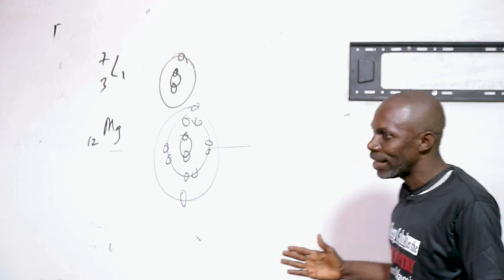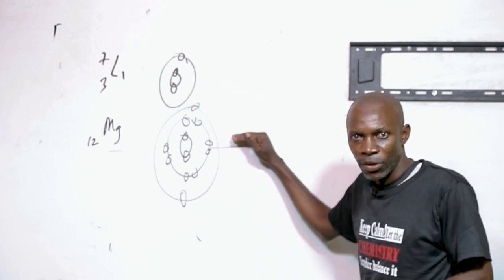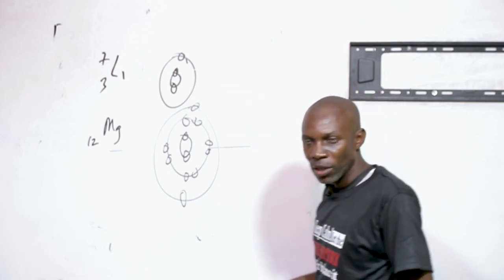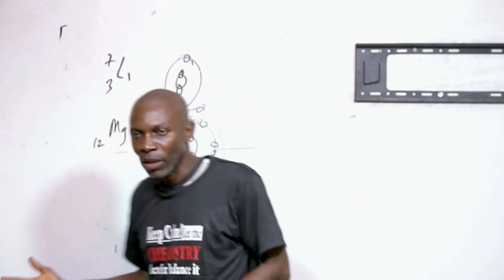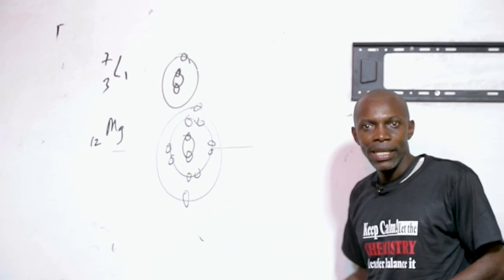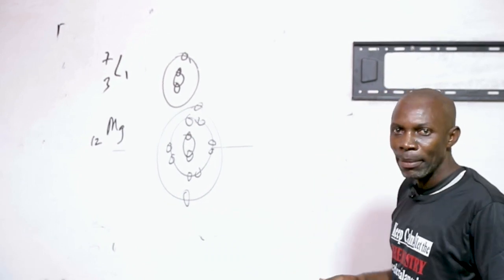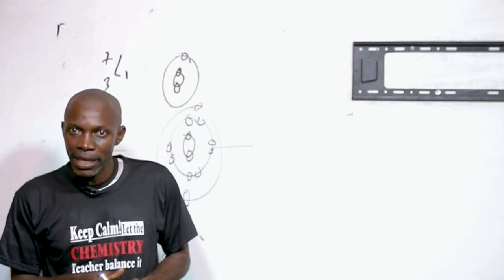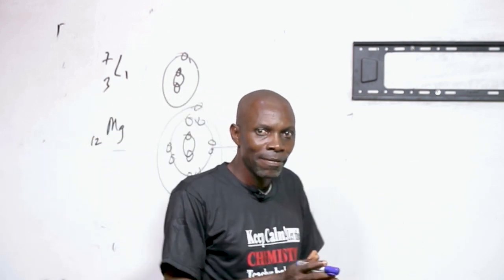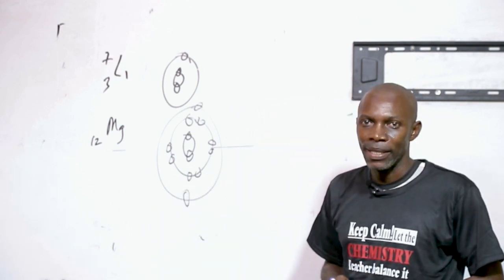So based on the valency, you are going to see that 1 is few, 2 is few, 3 is also few. Something like 5, 6, and 7 is many. Based on valency, metals have few valency. So any element that has few valency is called a metal.